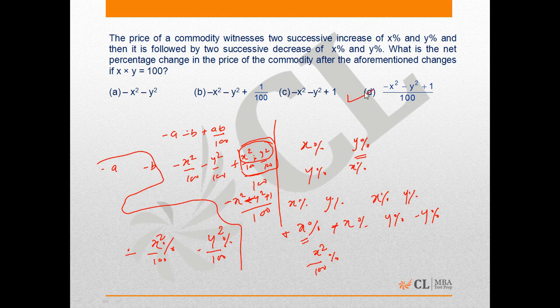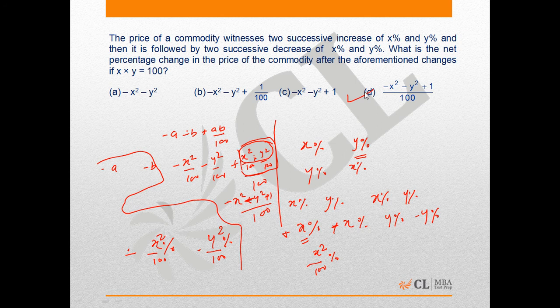Now see a smarter way to handle this problem. As we know that the product of x and y is 100, it can also be noted that the maximum change in the price of the commodity could not be more than 100%, especially of decrease, because the price of a commodity cannot be reduced by more than 100%, otherwise it has to be sold at some negative quantity, which is really not a practical situation.